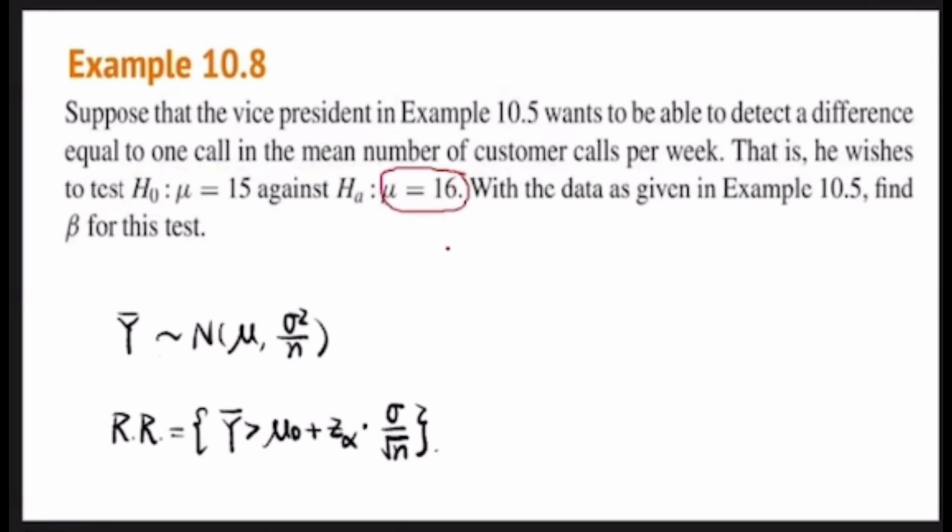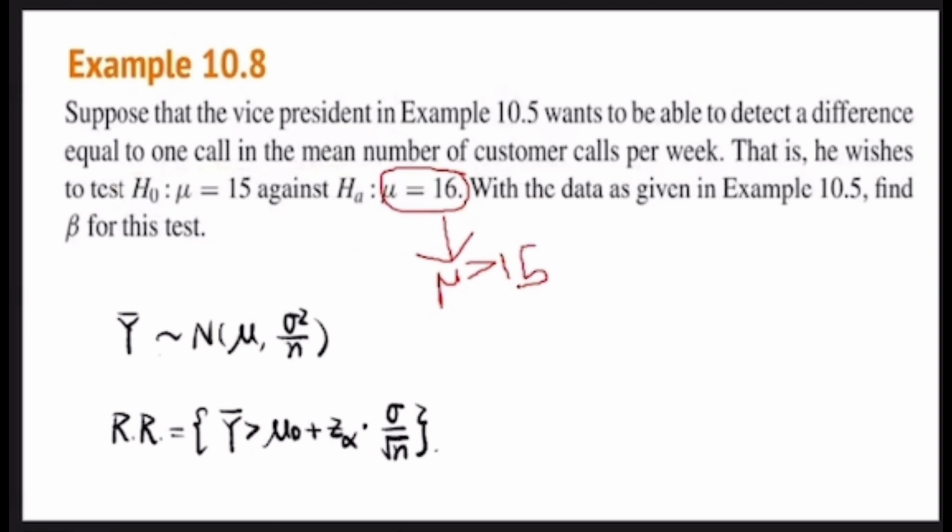If I want to write it in terms of the alternative hypothesis, this is going to be mu greater than 15, because that is telling me the direction of the test is going to be upper tail. What if mu equal to 14? That would be less than. Does that make sense?